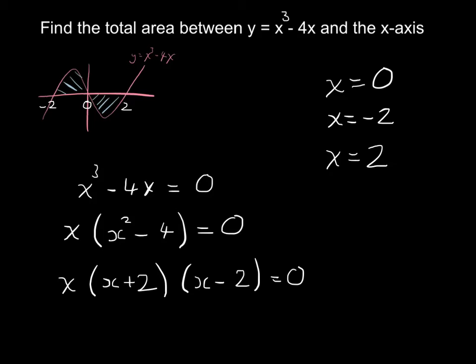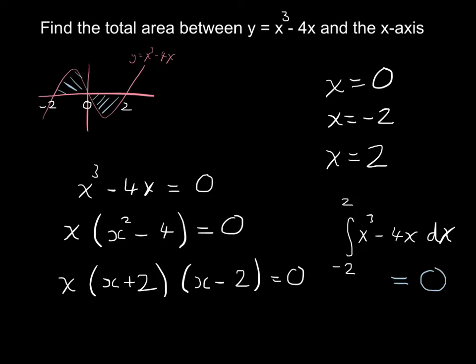So it looks like to find the area we could simply work out the definite integral from minus 2 to 2 of x cubed minus 4x dx. And if you type that into your graphical calculator using the math menu and the integrate function, you will find that this comes out to equal 0.